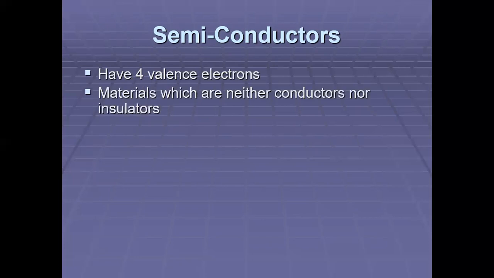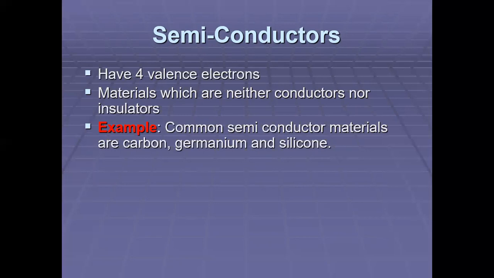That's why they are in the middle, neither conductor nor insulator. Examples of semiconductors are carbon, germanium, silicon, graphite. They are used to develop components like transistors.